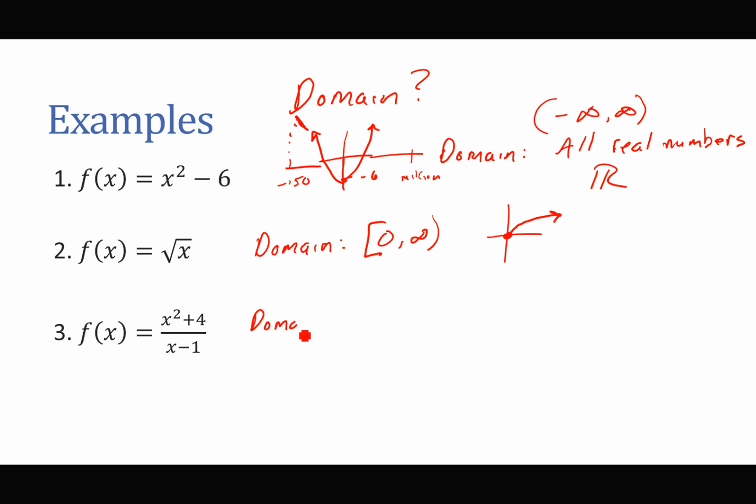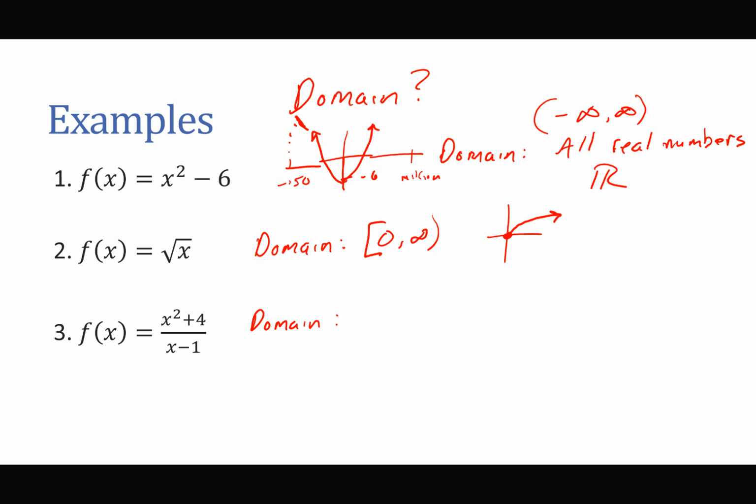Then the third example here: x squared plus 4 all over x minus 1. Are there any restrictions to my domain for this one? Yes. What do you say? Avery? Not Avery. Yeah.